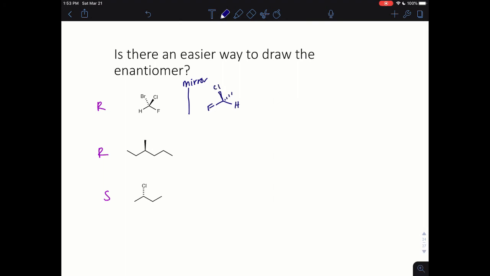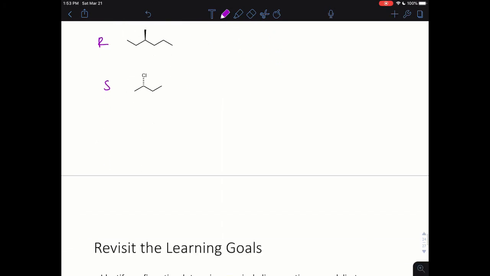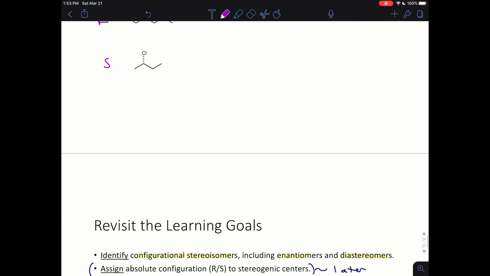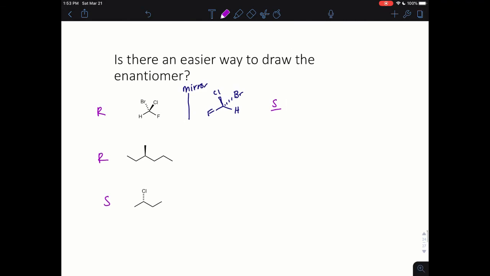And that mirror image was their enantiomer, and so this would be the S isomer, for example, okay? If there's 2 enantiomers, one is R and one is S. But in a second, I'm going to have you do something a lot harder, which is I'm going to ask you to draw the enantiomer of something bigger with, maybe multiple stereocenters. Gasp. So is there an easier way to do this?